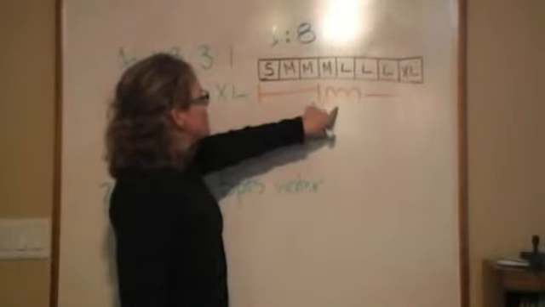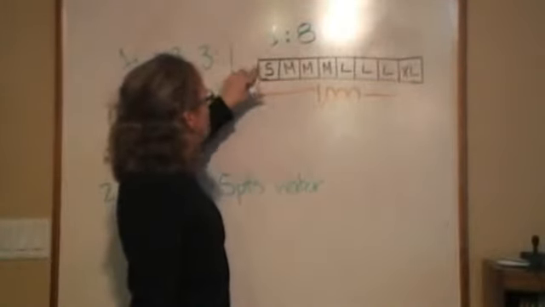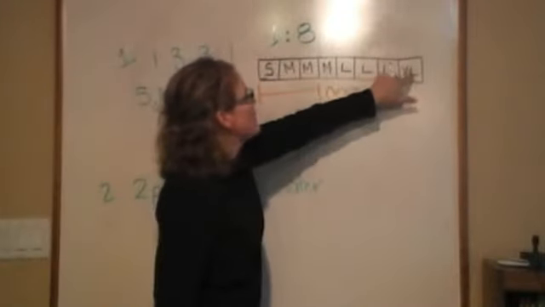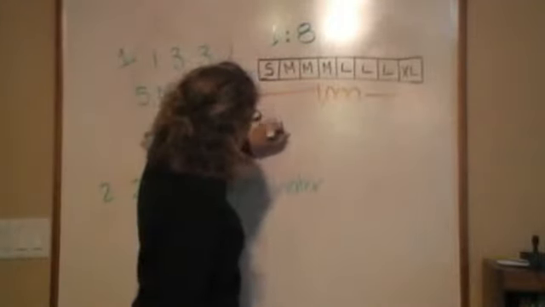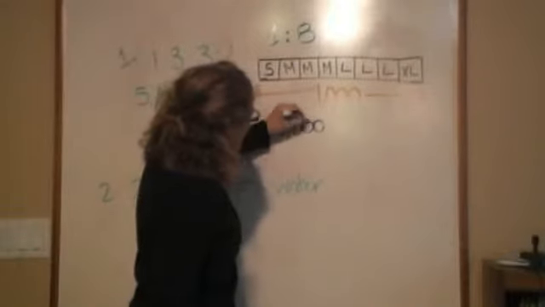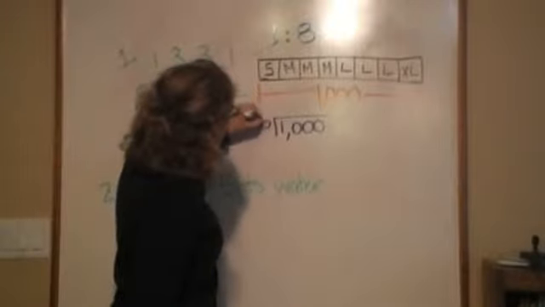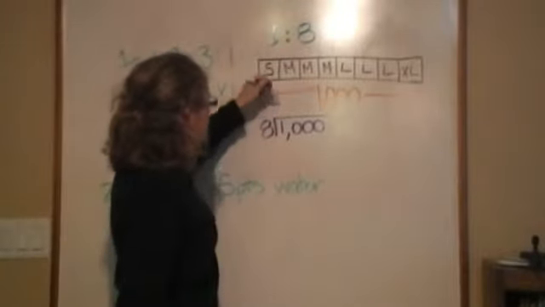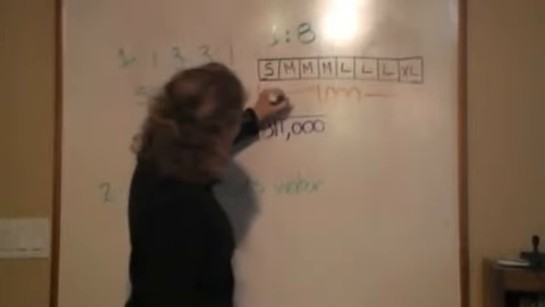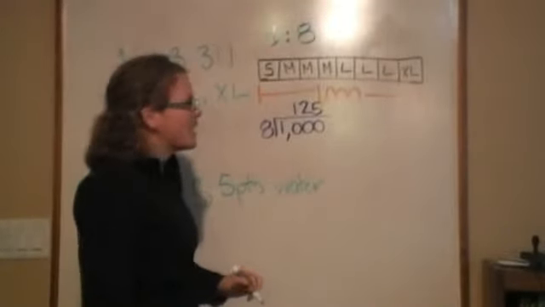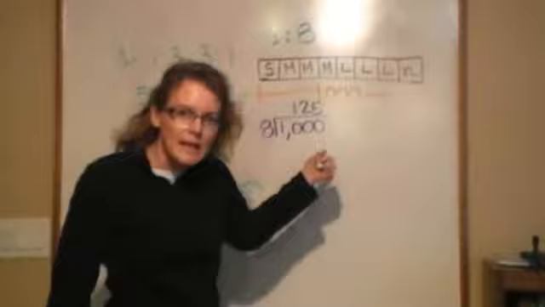So what we can do is we can take 1,000 and divide it by the number of squares, which is 1, 2, 3, 4, 5, 6, 7, 8. So I take 1,000 and RJ, I put that inside here, and I divide it by 8. And so I already did it, and it equals 125. And some of you might know that in the top of your head. What does that 125 mean?